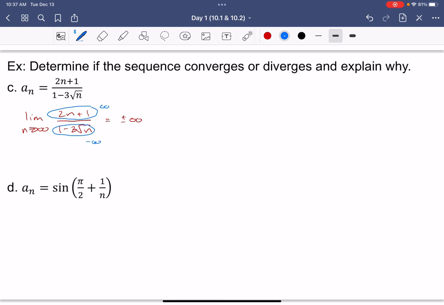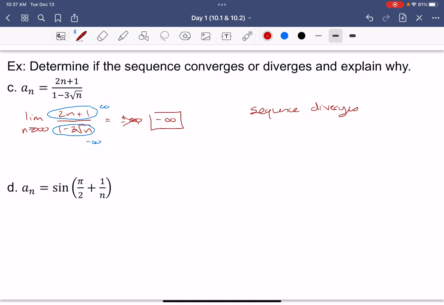And as y'all have learned from many classes, a positive number divided by a negative number means your answer is going to be negative infinity. That's an answer that we really don't want to see when we talk about convergence. If you do get an infinite value, that's fine. That just means that the original sequence diverges.